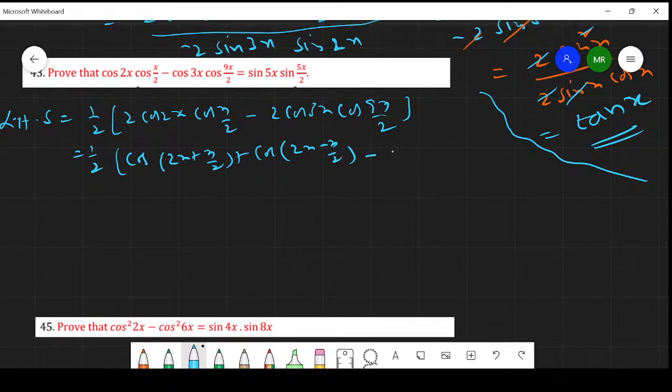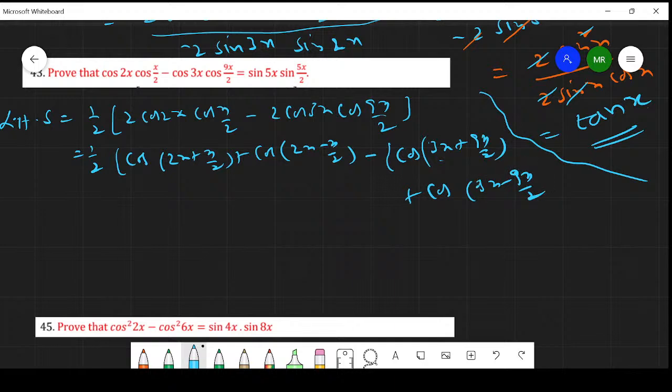Because 2 cos A cos B is cos of A plus B plus cos of A minus B: cos of 3x plus 9x/2 plus cos of 3x minus 9x/2.